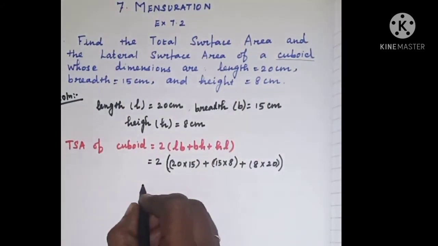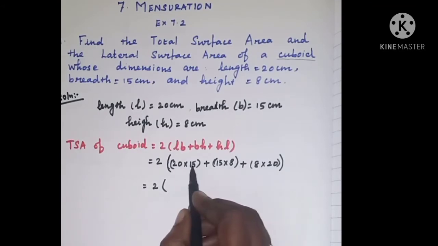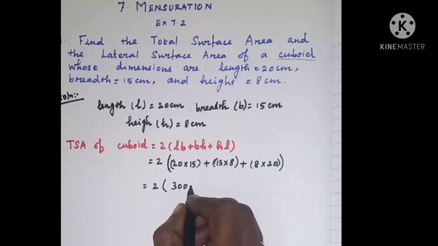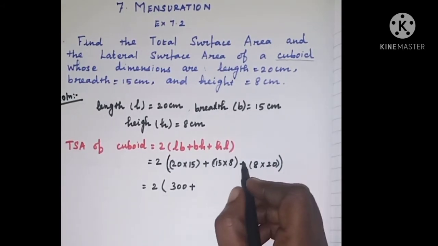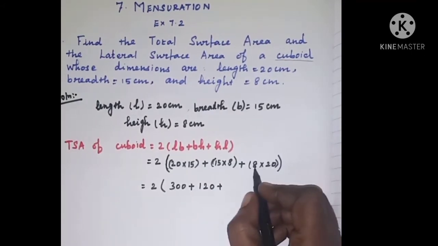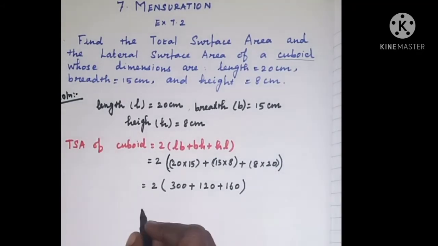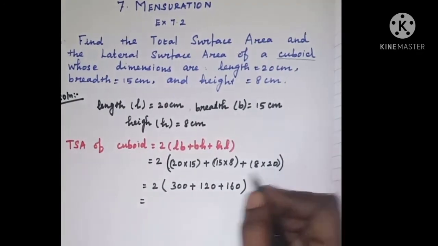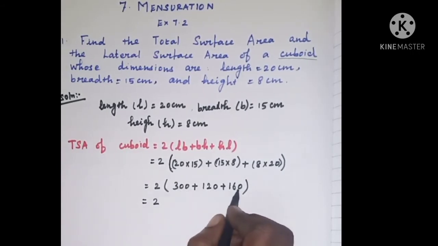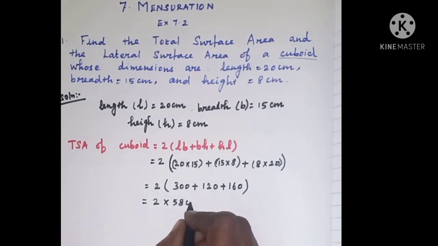Now which is equal to 2 into, now multiply these numbers. 20 into 15 is 300. 300 plus 15 into 8 is what? 120, isn't it? Plus 8 into 20 is 160, which is equal to 2 into, adding all these three values, we get 580.